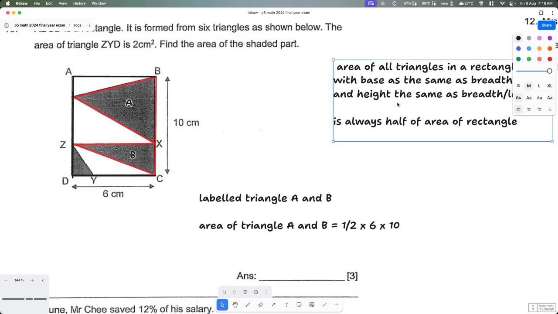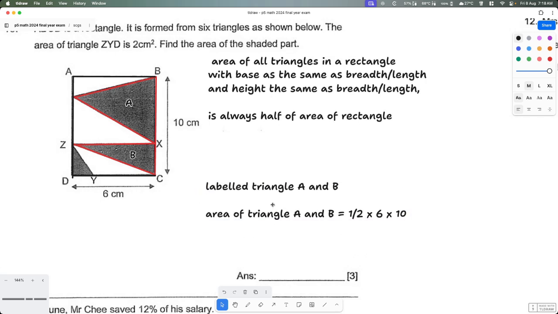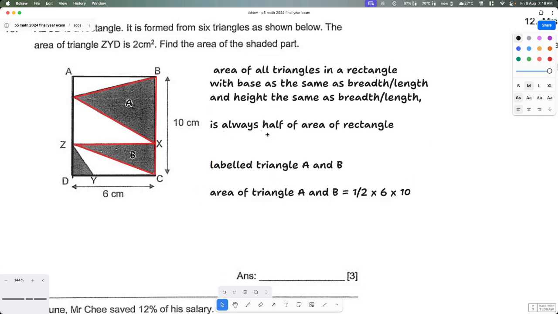If you want an explanation of how you get the area of a triangle, you can go to my channel to see the explanation. But in this case, it's just half times 6 times 10, so that means this is 30 centimeter square.